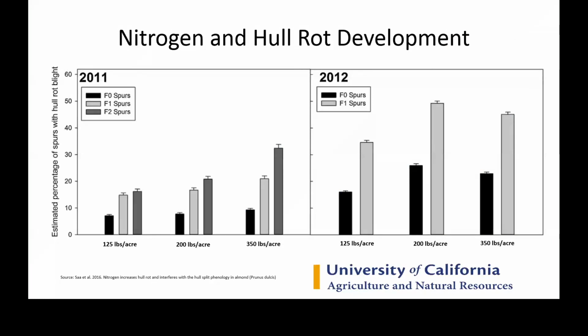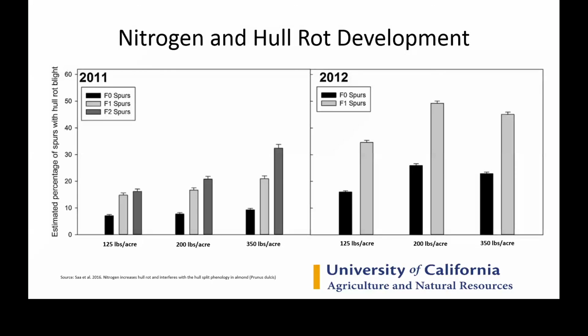So moving on, now we know how those pathogens move and get to the fruit and what the sources of inoculum are. The other factor that contributes to this disease is nitrogen.